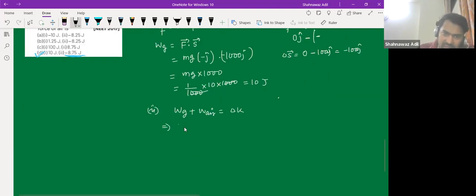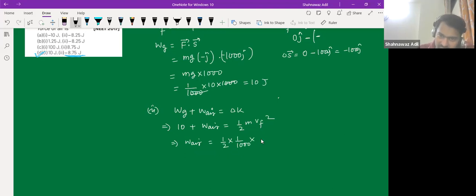This is 10 plus W air, which is half m v final square. So W air is how much? Half, m is 1 by 1000 kg, v final is 50 into 50.